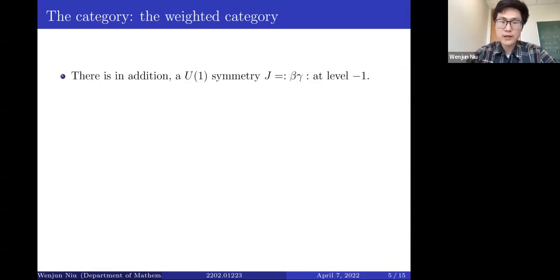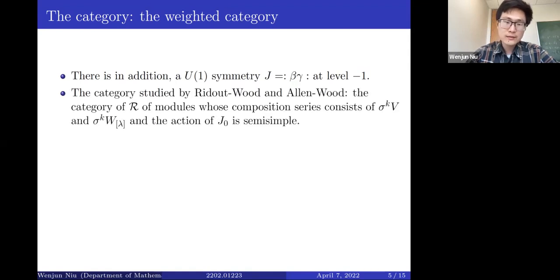In this VOA, there is a U(1) symmetry given by the normal ordered product of beta and gamma. The symmetry has level -1. Previously, there is a category of beta gamma VOA modules studied by Rita Wood and Alan Wood.